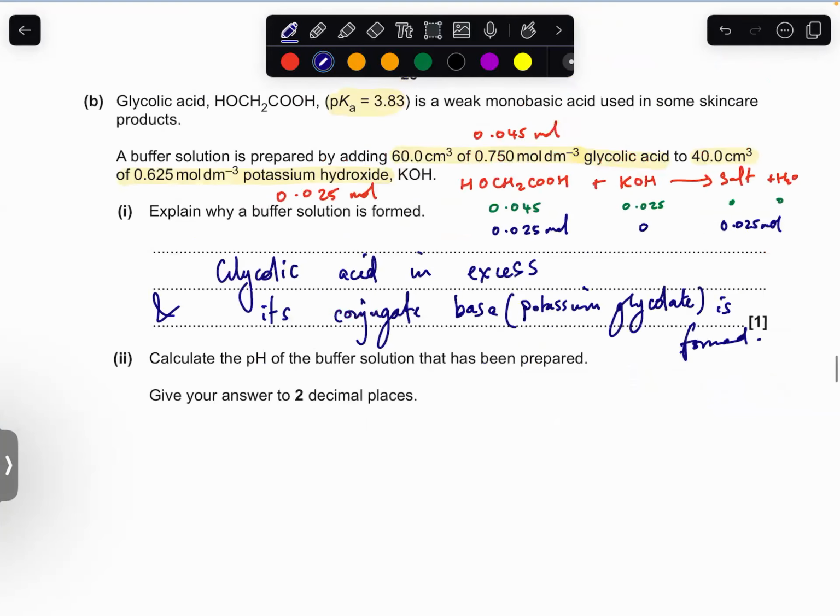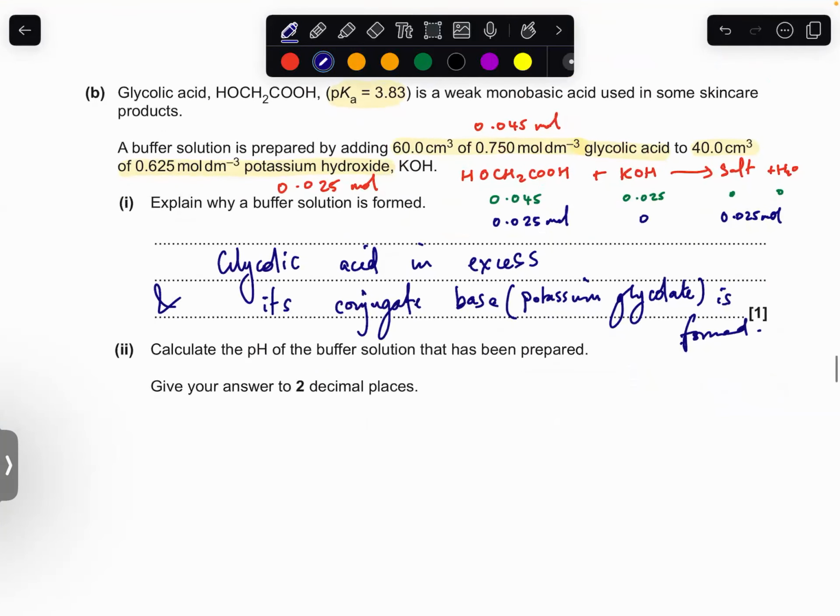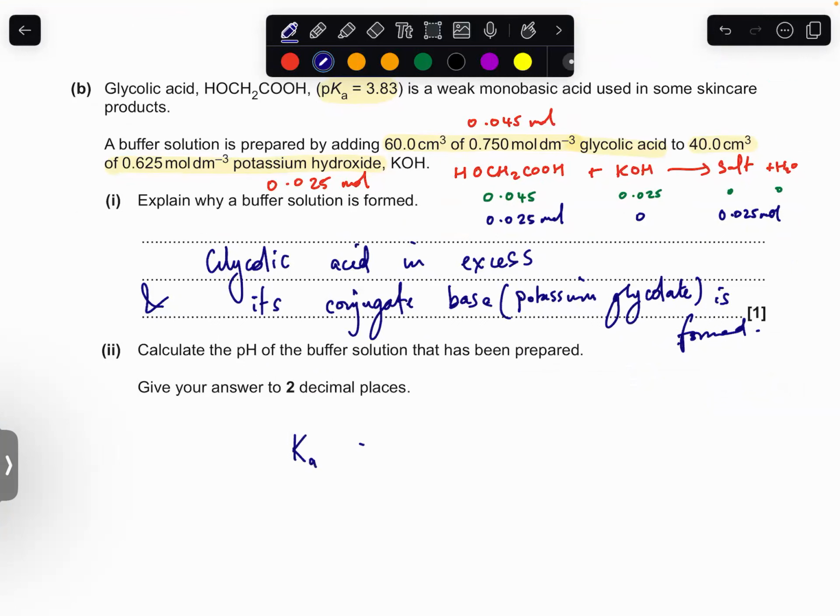Now here, we've got Ka is equal to, now we've got our glycolic acid, so let's write the glycolate ion. That's the glycolate ion, the salt or the conjugate base. Got your H+ ions, and we have the glycolic acid, the weak acid.